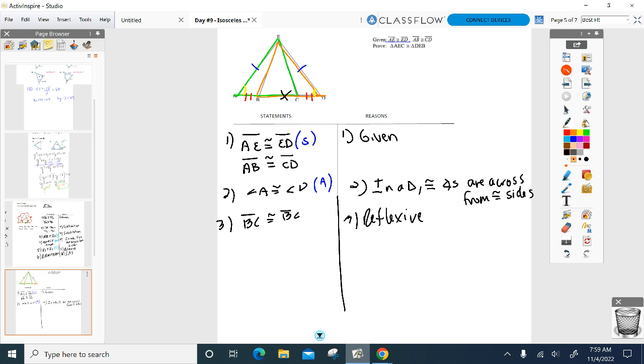Oh, little addition. AB plus BC equals CD plus BC. Addition. And then you guys know substitution.